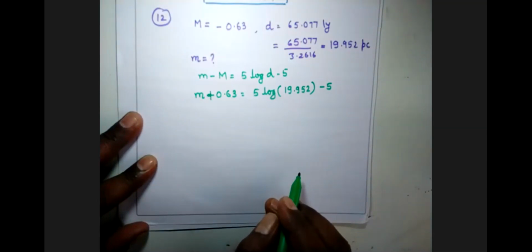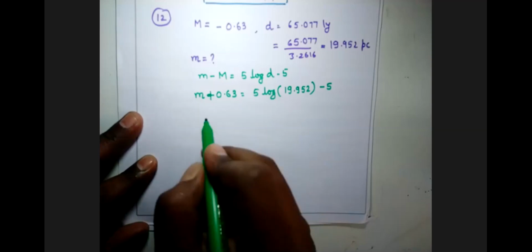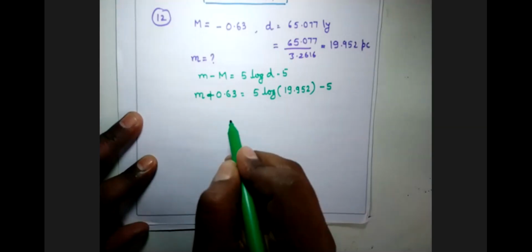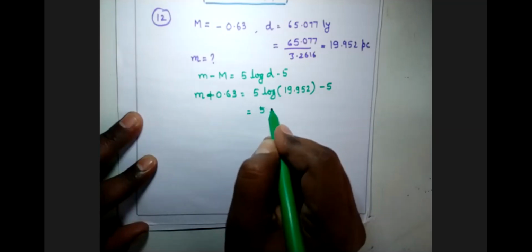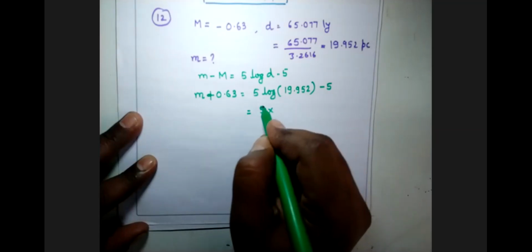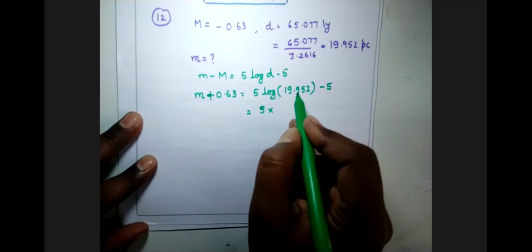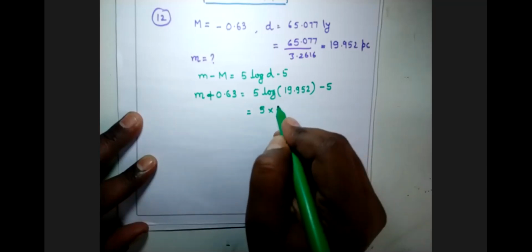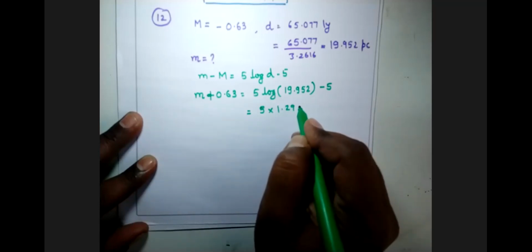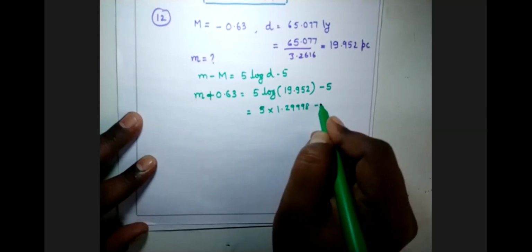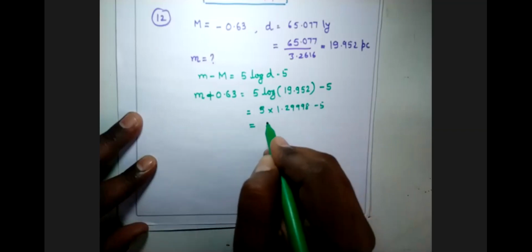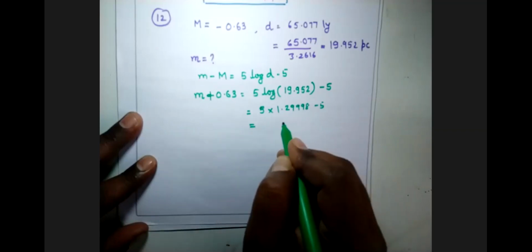Simplifying this, this is equal to 5 log 19.952, which is 1.29998, minus 5. This comes out to be 1.5.